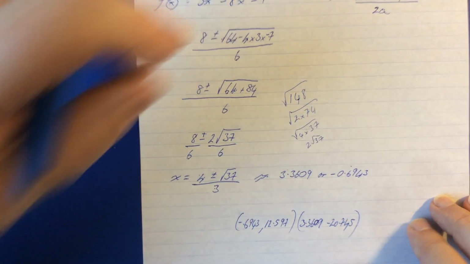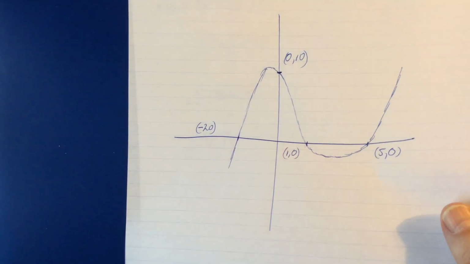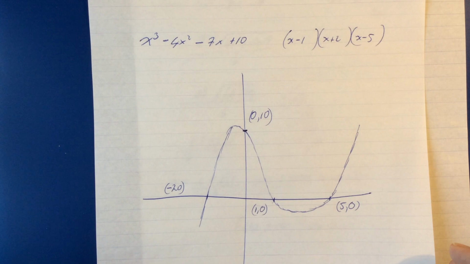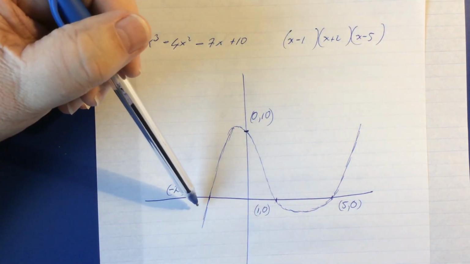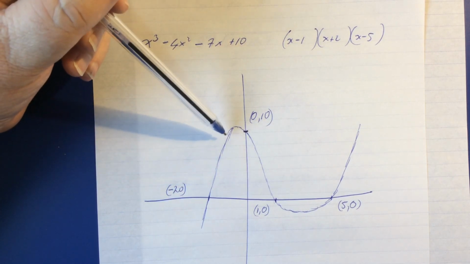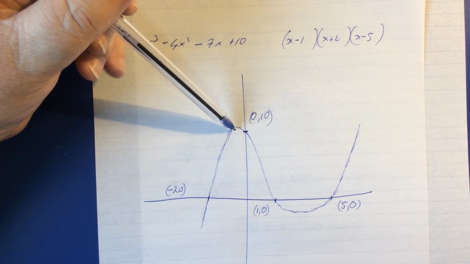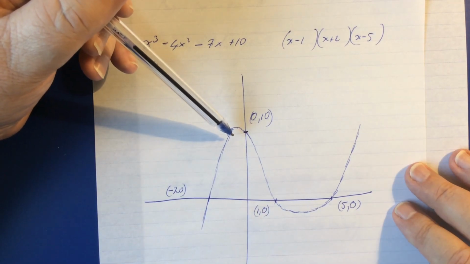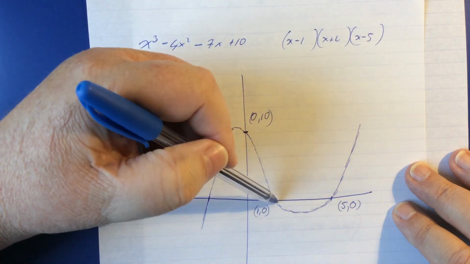Okay. Now, here is my imaginative sketch of the original function, which I drew earlier, and I drew it before I'd done this work. So what you're going to witness is the fact that my drawing is not anywhere near to scale, and it's pretty inaccurate looking down here.